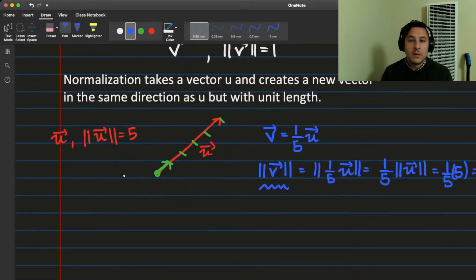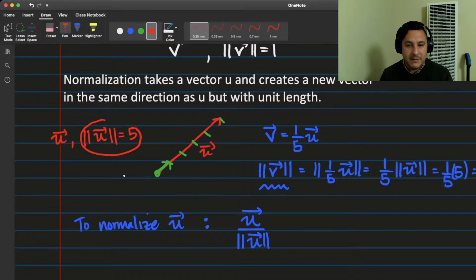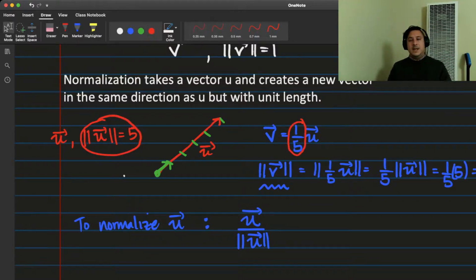So if you want to normalize a vector, it's pretty straightforward. To normalize some vector u, what you're going to do is take the vector u and divide it by its magnitude. All right, that's what I did right here. I knew that u had a length of 5, so I multiplied it by 1/5, which is equivalent to dividing it by 5. That gave me a new vector in the same direction, and it was scaled down.